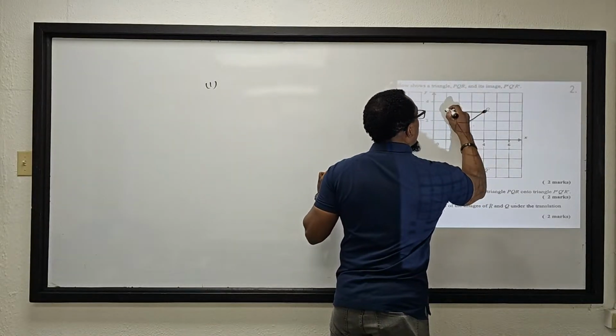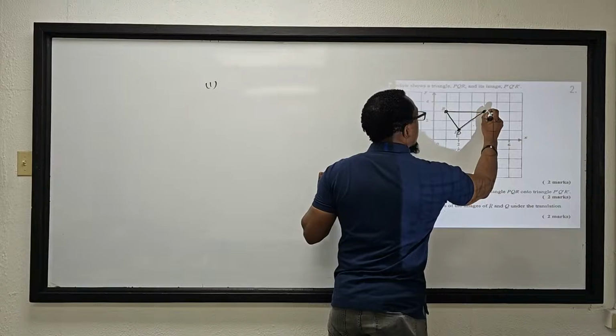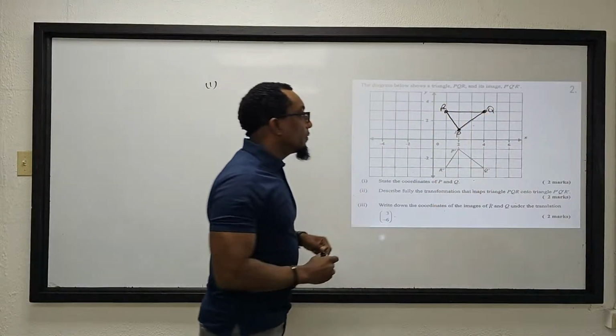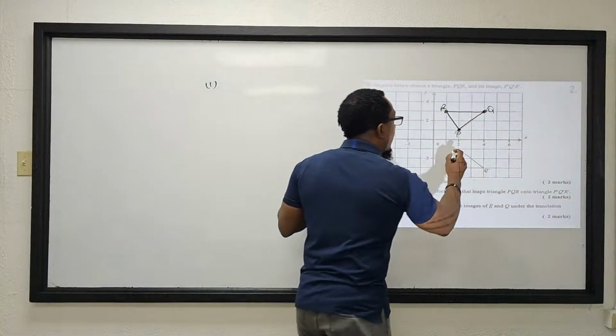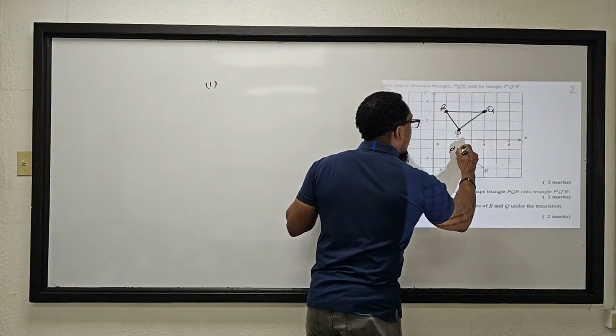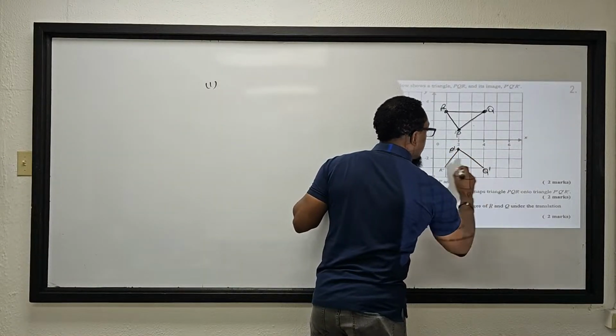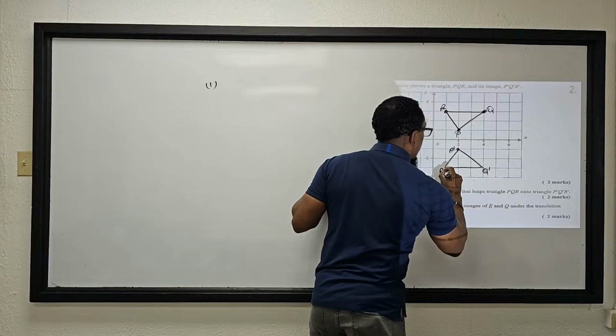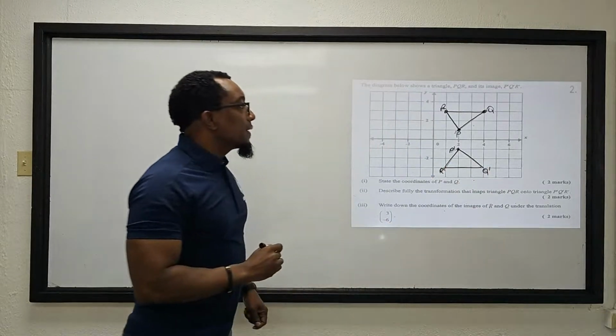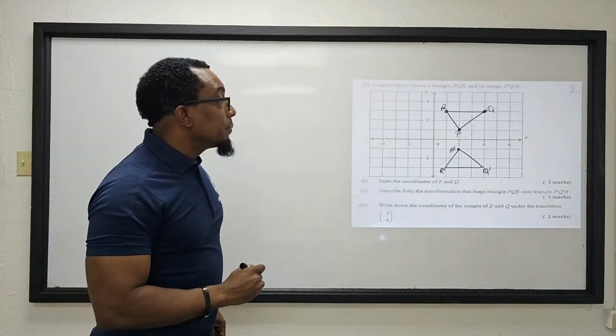We have PQR: this is P, this is Q, and that's R. We also have P prime, Q prime, and R prime. So that's our triangle PQR and P prime, Q prime, R prime.